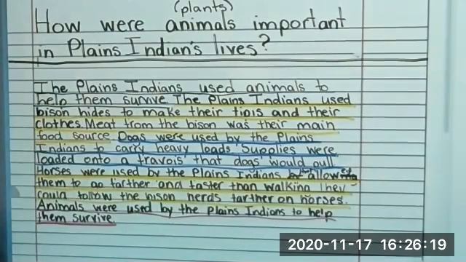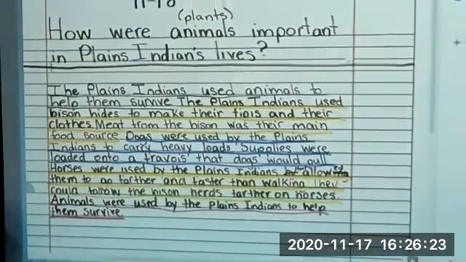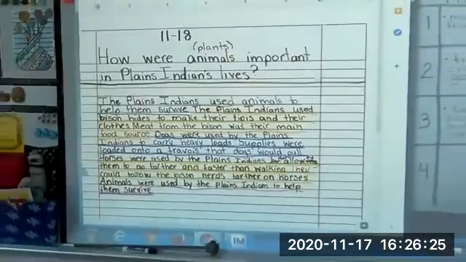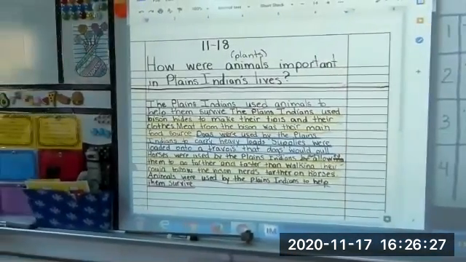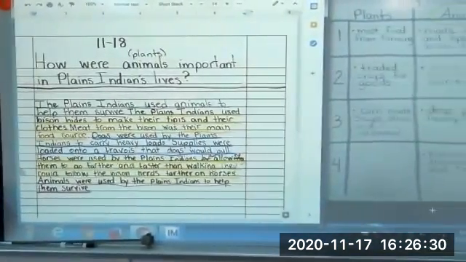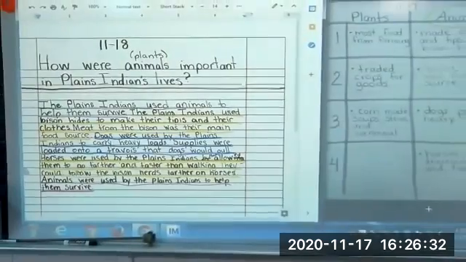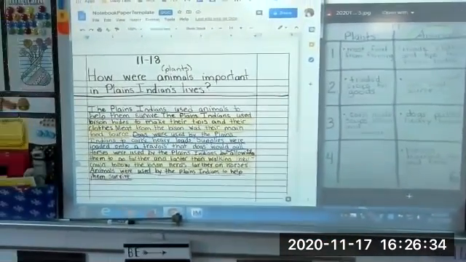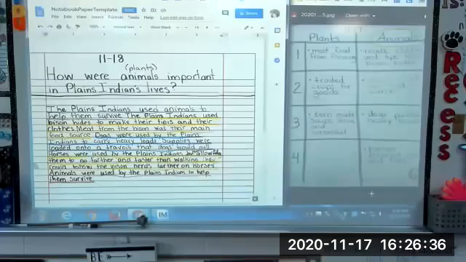Okay, so here is my paragraph. So what you are going to do today, you are going to take your chart on page 63, and you are going to do exactly how I did it.